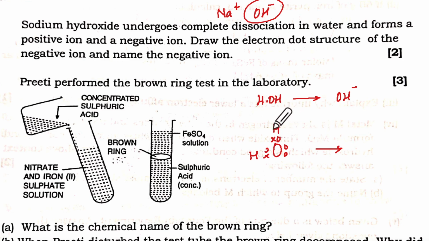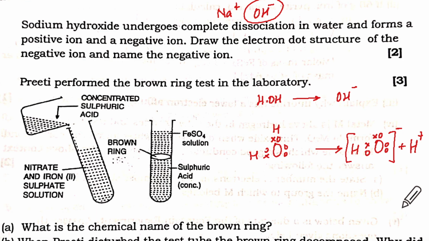So this hydrogen is allowed to leave. So you have an O here, and plus it will be like this. Understanding?